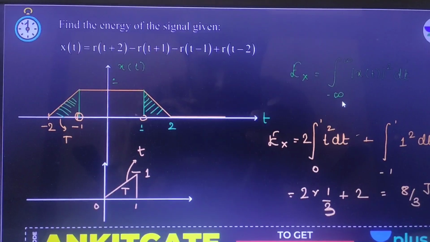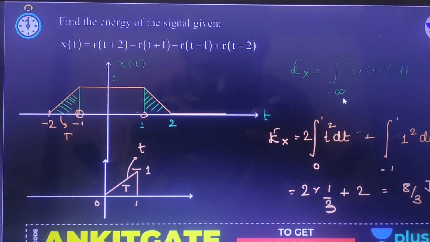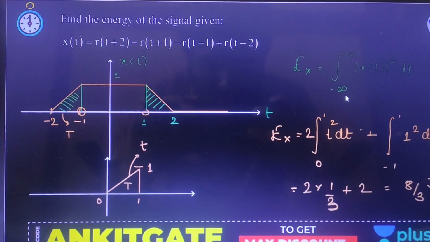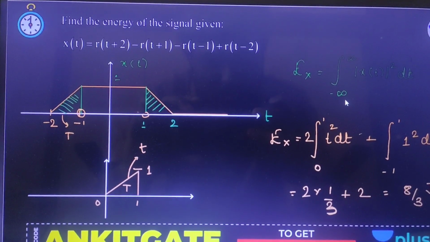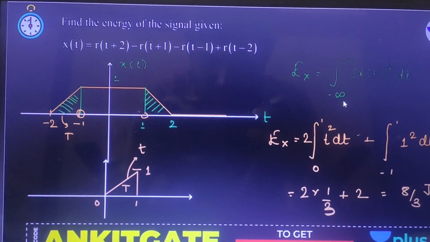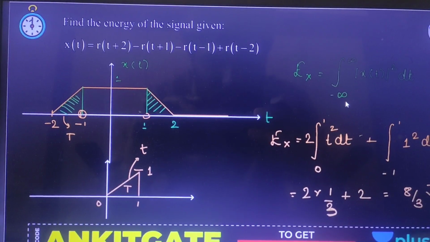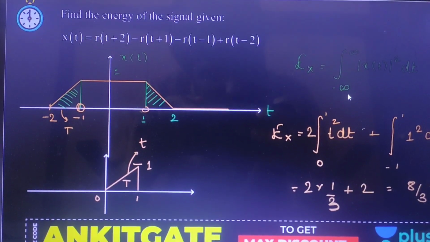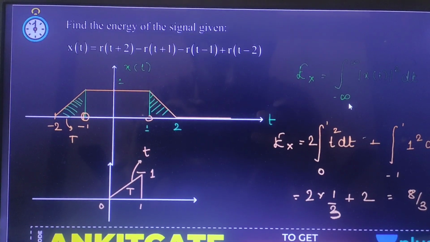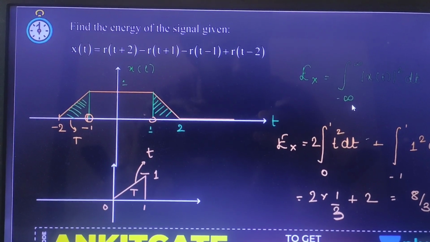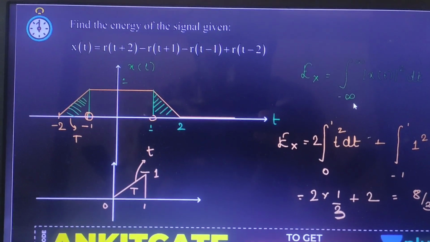But the square width is from minus T by 2 to T by 2, and the triangle is from minus T to T. Here the square has minus T by 2 to T by 2. You will get 1 when you divide 2 by 2.